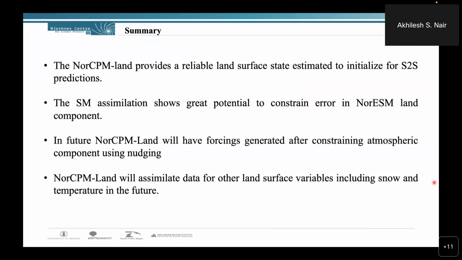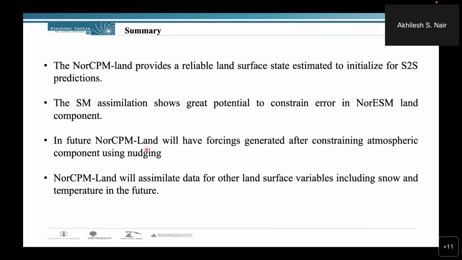So with this, considering the time constraint, I am just running through my slides. Finally, the summary would be that we could show that improving the soil moisture condition has made it possible to improve the subseasonal forecast skill. One of the major drawbacks of this study was that we used unconstrained atmospheric scenarios to run the offline CLM run.